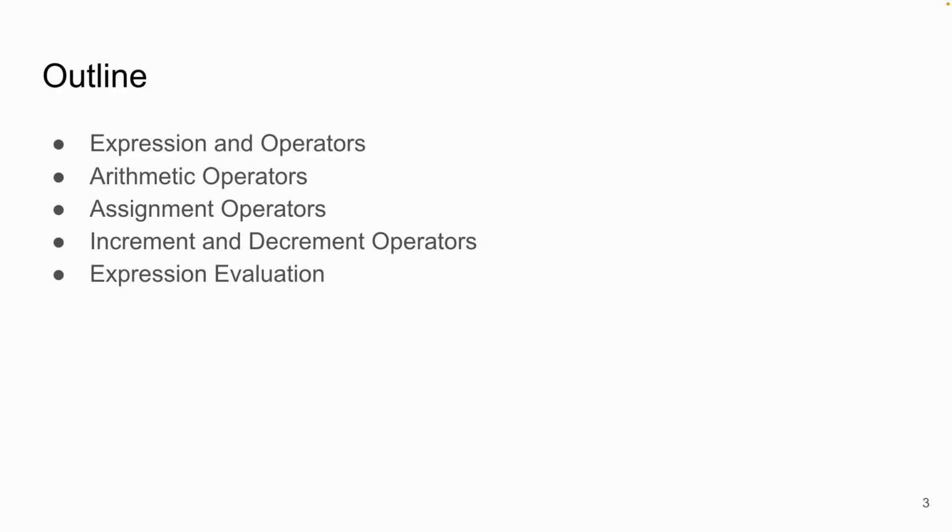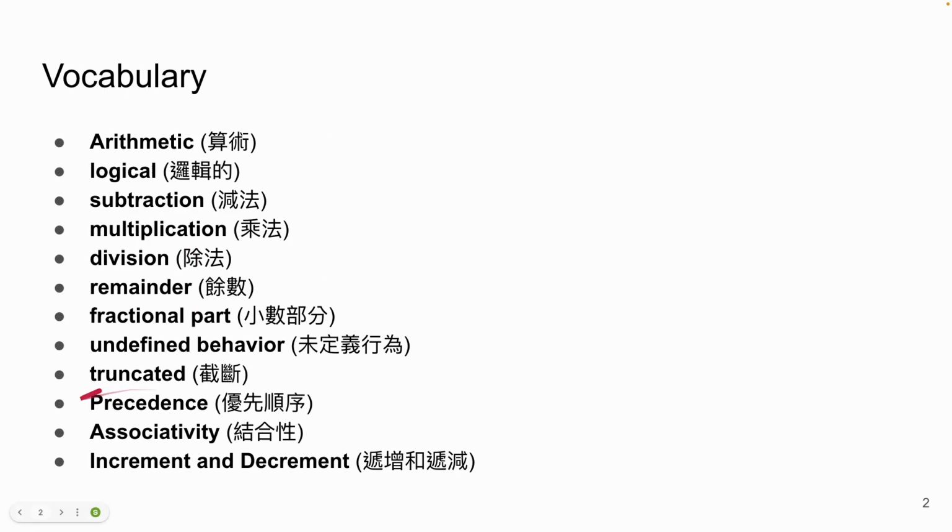We do the assignment using the equal symbol, but there are actually more details about assignment, so we'll talk about them there. Then the third kind of operator is the increment and decrement operator, where we increase a value and decrease a value.